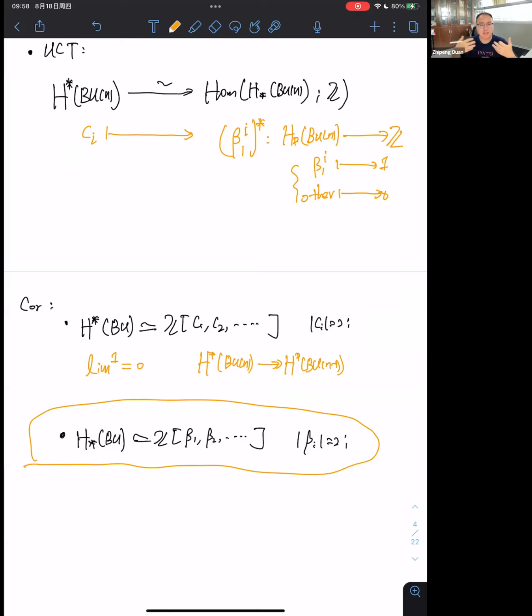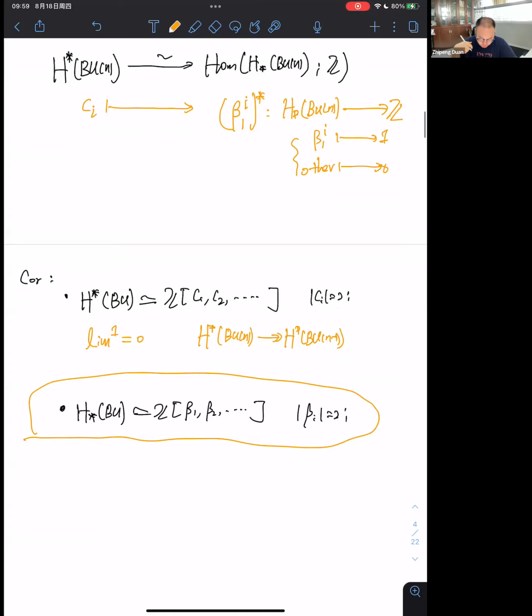And so it satisfies the Mittag-Leffler condition, and it just means the lim1 term in this case is trivial. And it implies the cohomology of BU is a polynomial ring with Z coefficients on generators C1, C2, and so on. And the degree of Ci is just 2i.